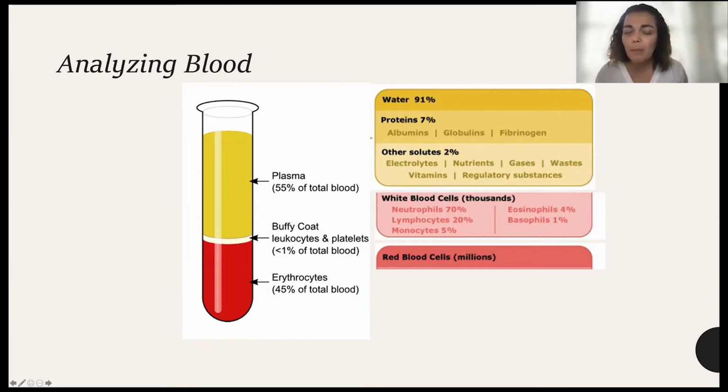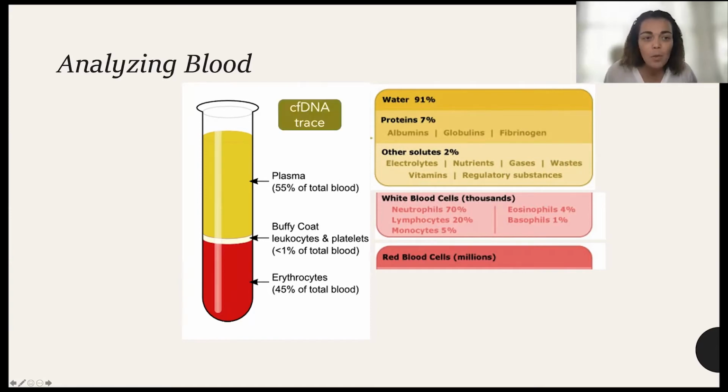And then the supernatant component will be either the serum or the plasma that remains from the blood. It's the liquid portion of blood that sits at the top. This is mostly made up of water, but it also has some pretty big proteins like albumin, fibrinogen, and globulins, and then electrolytes. It also has your protein biomarkers, and cell-free DNA, which is present in trace amounts.